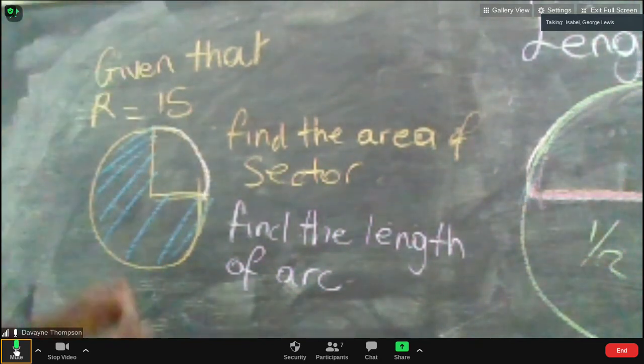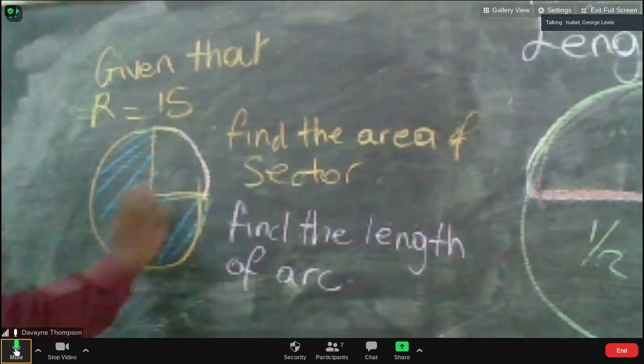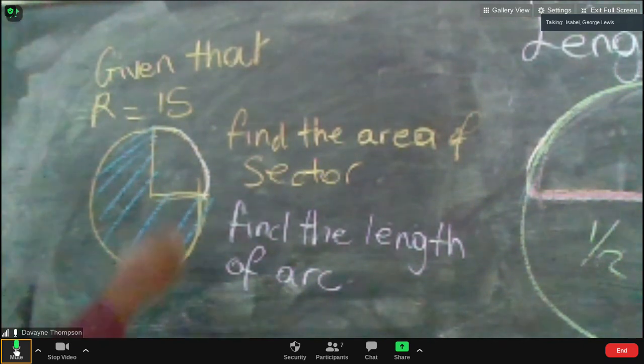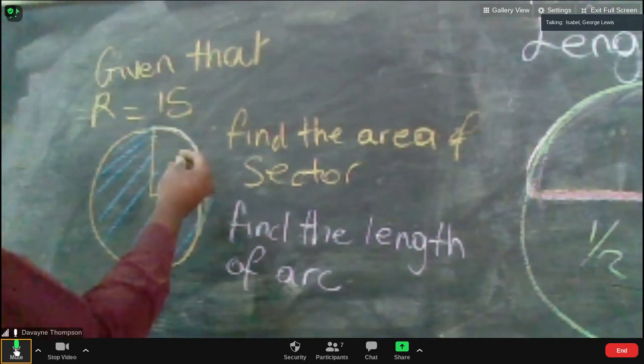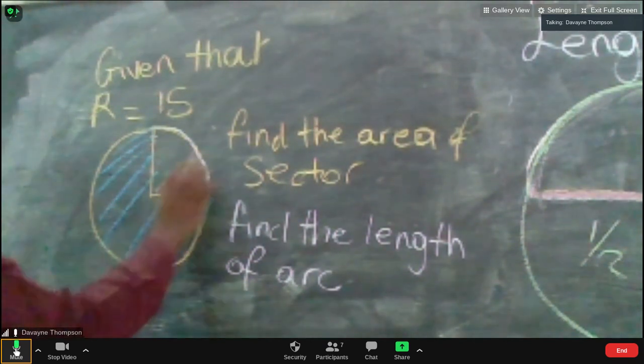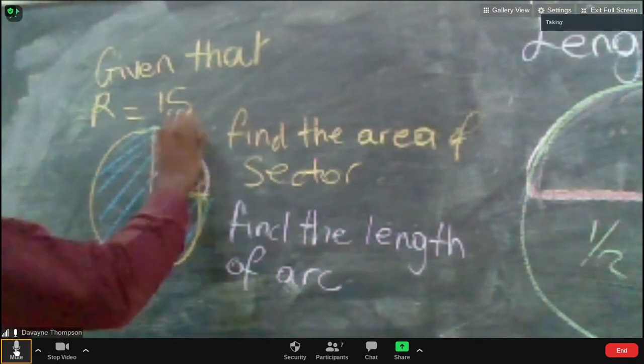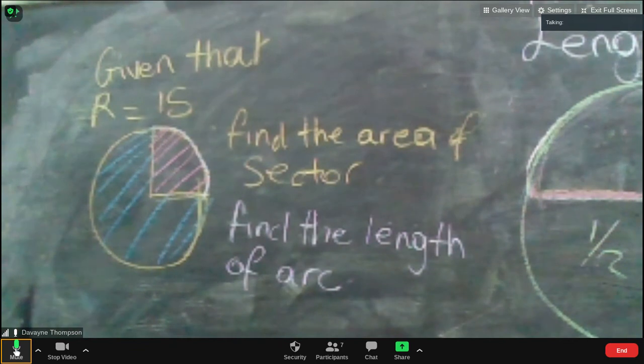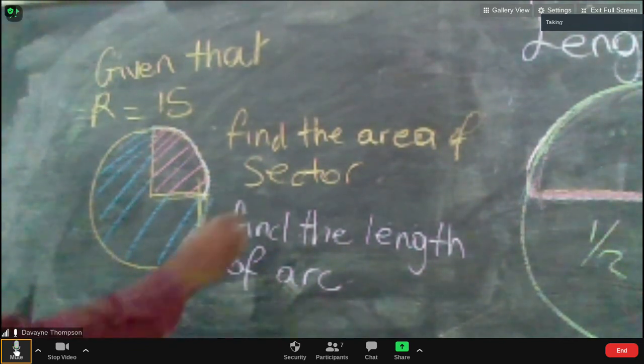So you're going to find the area of this sector shaded in blue, and you're going to find the length of this arc shaded in pink. Clear, everybody? So don't put that.